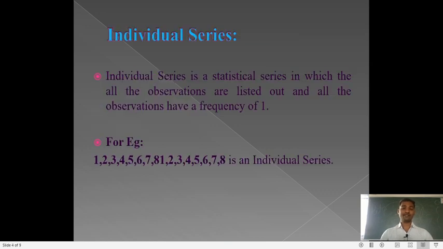individual series. An individual series is a statistical series in which all the observations are listed out and all the observations have a frequency of 1. So you will see an example of an individual series. Individual series is also called a personal series or a simple series.